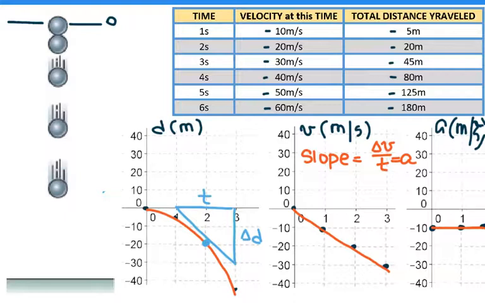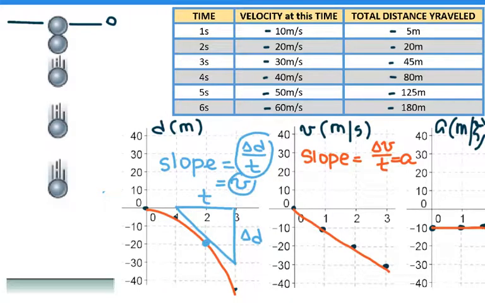So the slope of this graph is going to be the change of the distance over the time, which gives me velocity, because the distance over time is velocity. Here you had the change of the velocity over time, which is acceleration. So the slope of the distance graph represents velocity. The slope of the velocity graph represents acceleration.